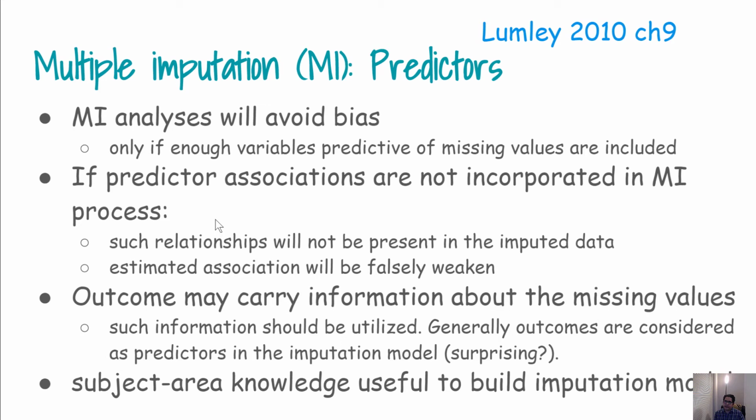Say for example height could be one variable that is predictive of age, but you might not have that variable in your dataset. In that case, obviously that relationship between height and age cannot be utilized to get a better prediction of age.